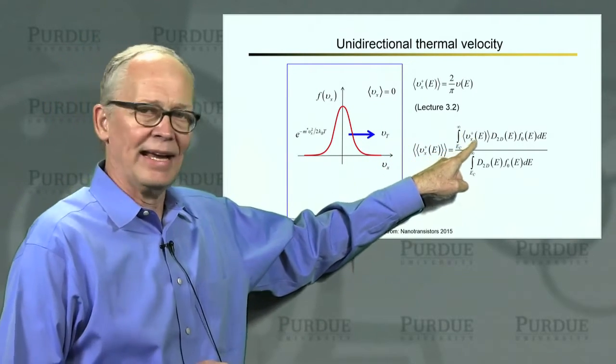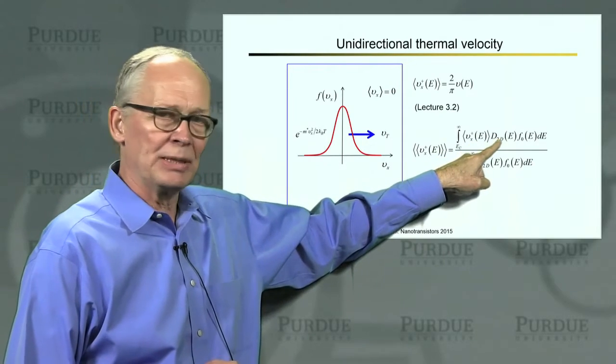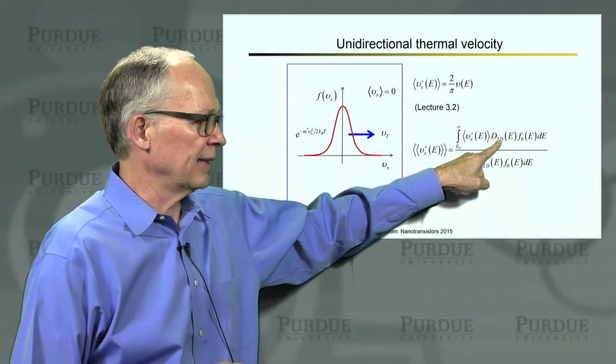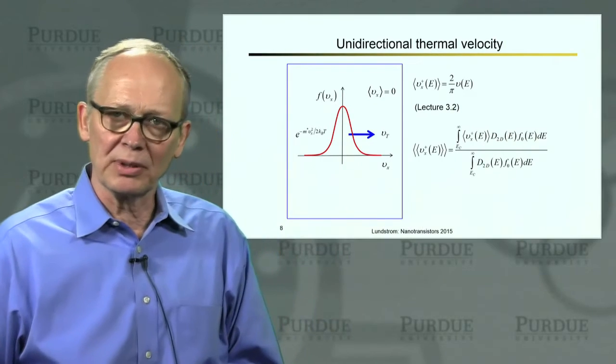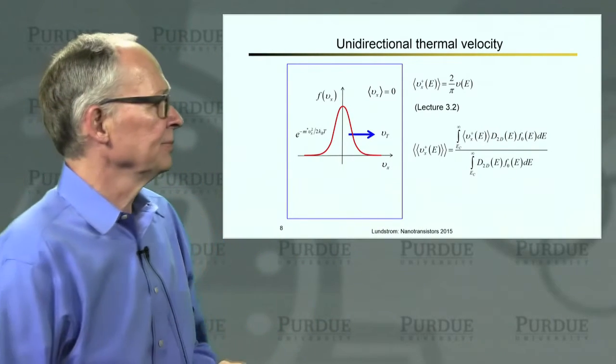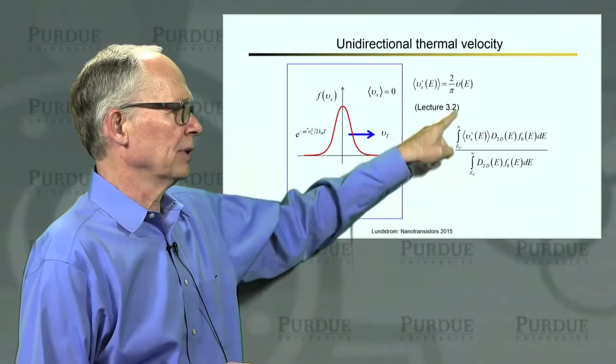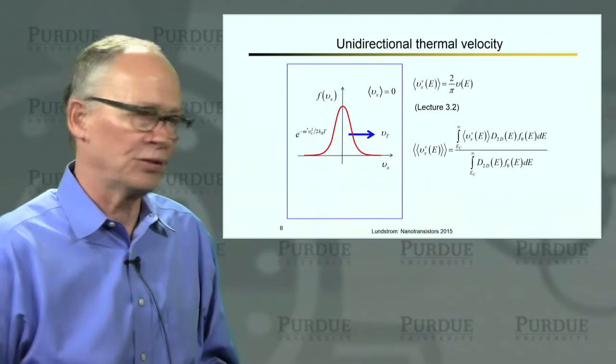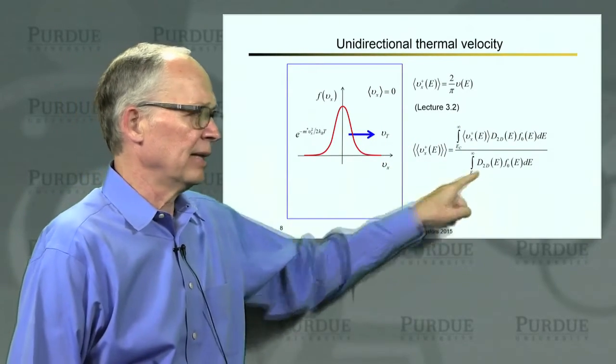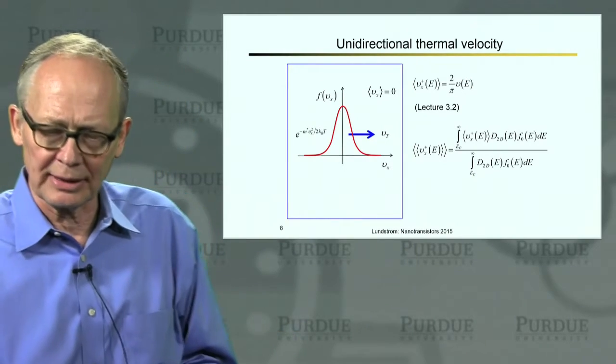I should take that angle average velocity, weight by the number of states that are present at that energy, and weight by the probability that the states are occupied. And then do that integral from the bottom of the conduction band and account for all of the states. And then I divide by this integral to normalize the probability.